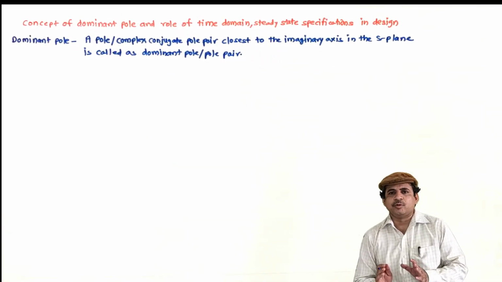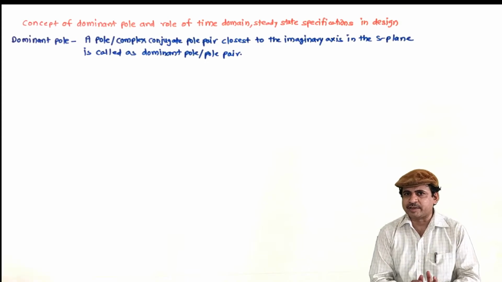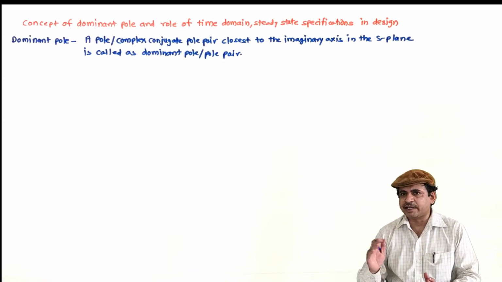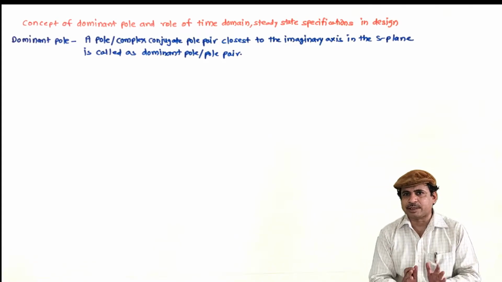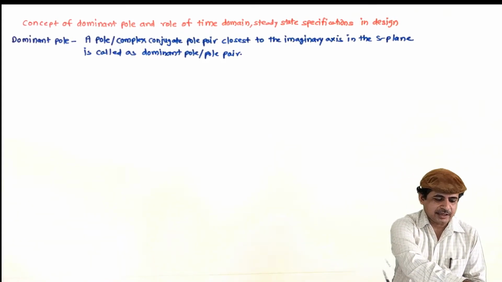And we are talking only about the poles in the left half of S-plane, because any pole in the right half of S-plane will make the system unstable. So we are dealing only with the poles in the left half of S-plane. So let us see how it is.